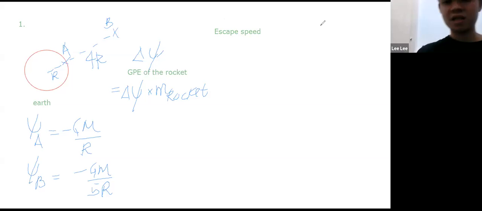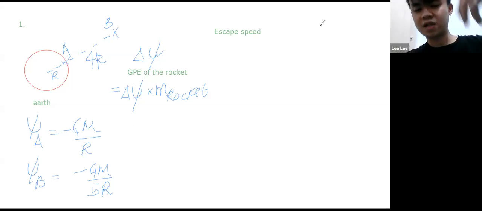When I say escape speed, the definition is that you are projecting a rocket from the Earth, and it has to leave the Earth's gravity. That's what I mean by escape speed. Meaning the thing that you project will be located very far apart. You understand?